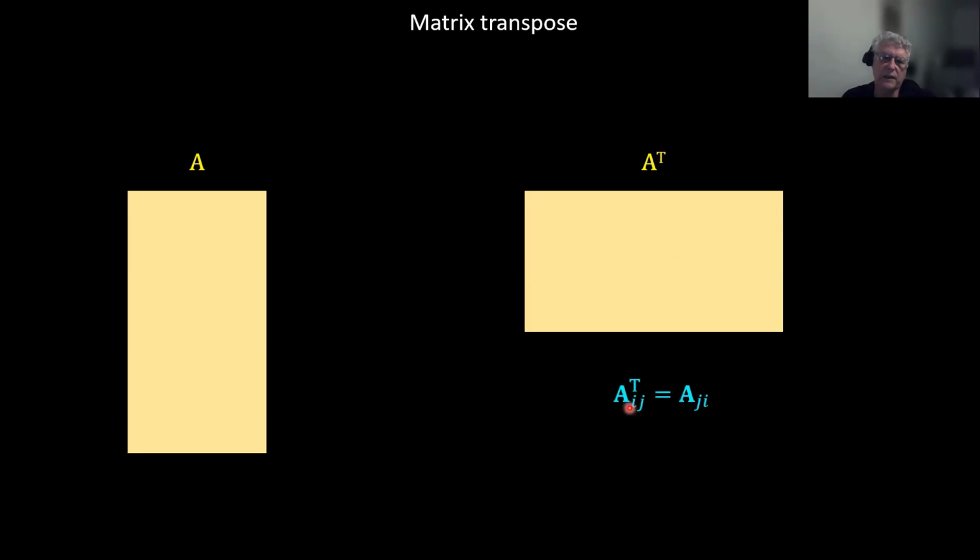So all that does is interchange the rows and columns of the matrix to form another matrix, which is simply the flipped first matrix. Obviously, if we take the transpose of a transposed matrix, we recover the first matrix.